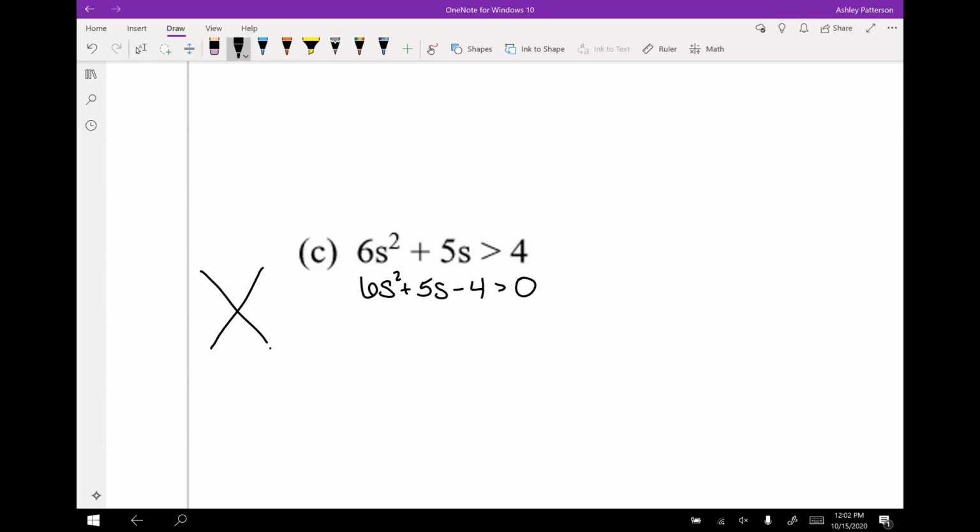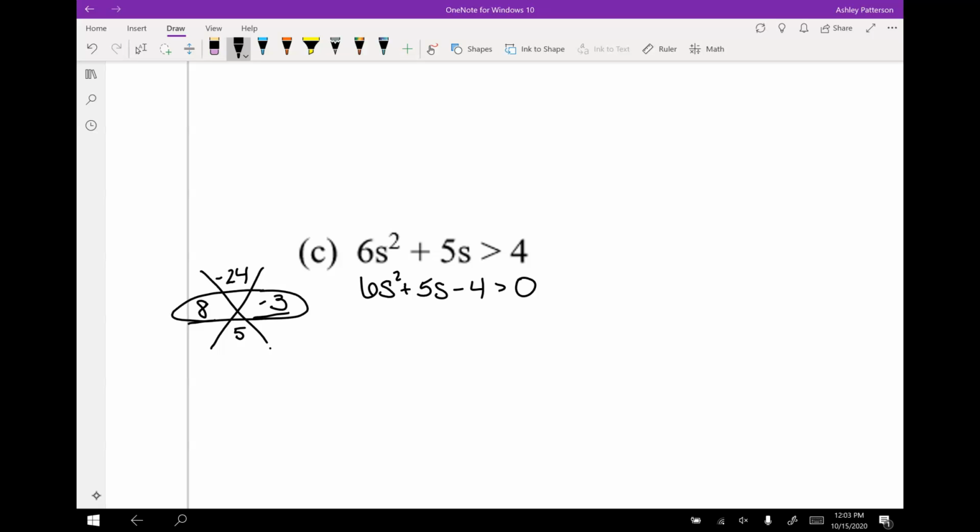So locating A and C, I multiply them to the top. So 6 times -4 is -24, and B, in this case 5, drops to the bottom. So we need to figure out what's going to multiply to -24, but add to 5. And in this case, it's 8 and -3.